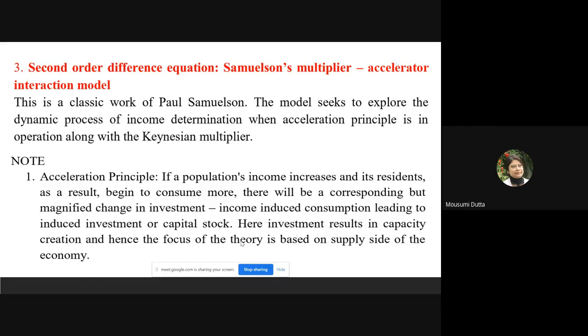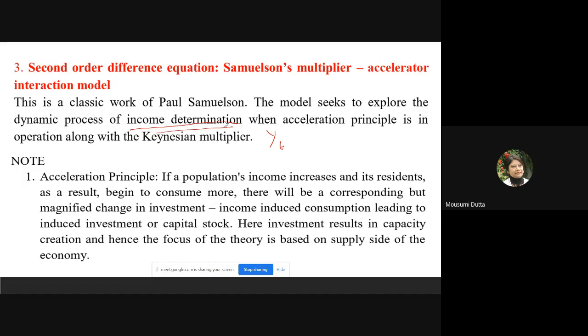We have to find out the time path of national income, Y. In the previous model, we derived the time path for P. Here we will derive the time path of Y, because this model seeks to explore the dynamic process of income determination, how income is dynamically determined. So one by one, let's try to understand what is meant by acceleration principle and what is meant by multiplier.